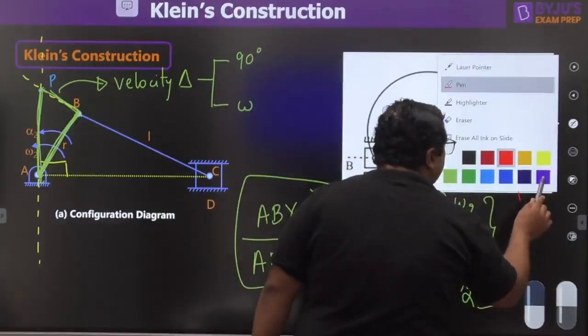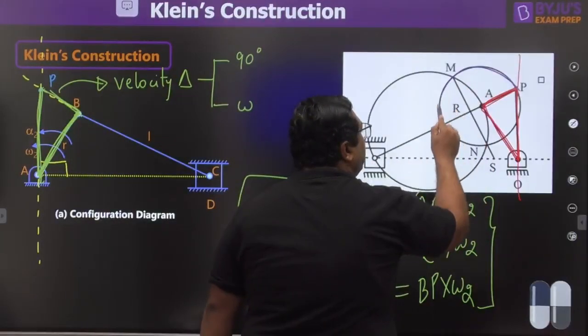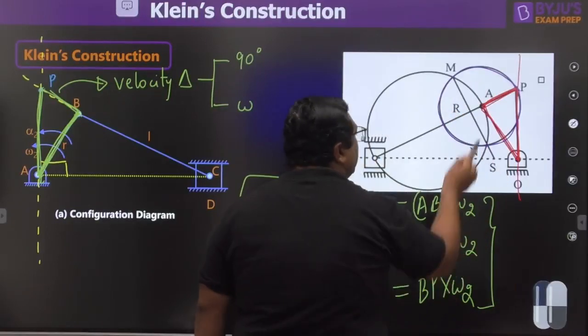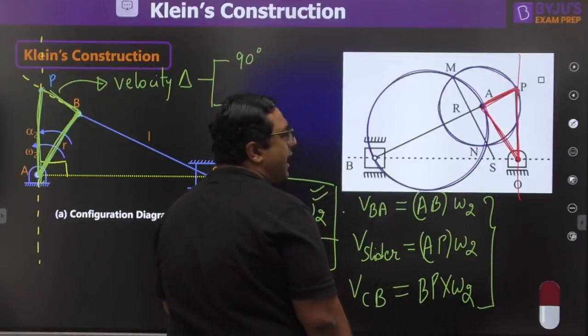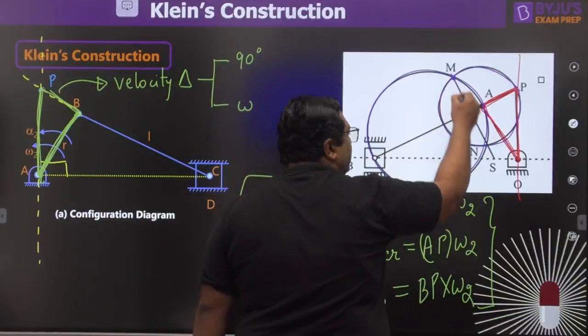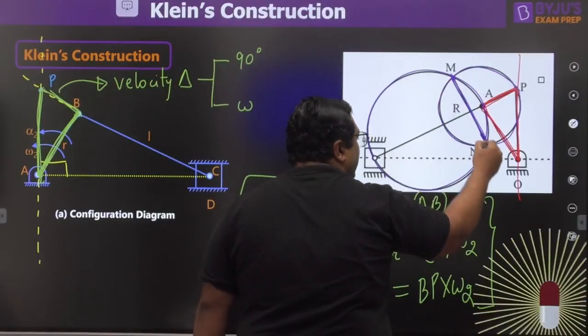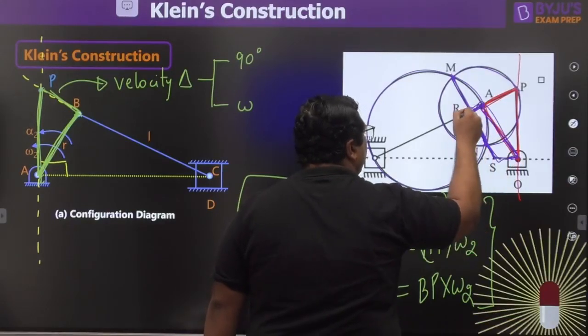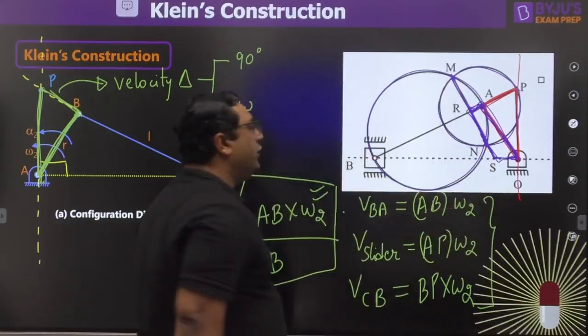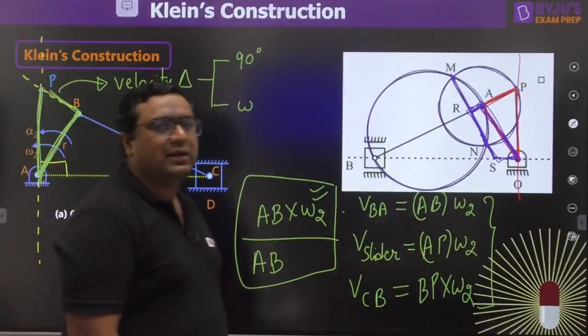Then you made a circle by taking AP as radius. Then you made a circle by taking the length of the connecting rod as diameter. Then you joined the intersecting points, extended it, and this quadrilateral OARS shows you the acceleration quadrilateral.